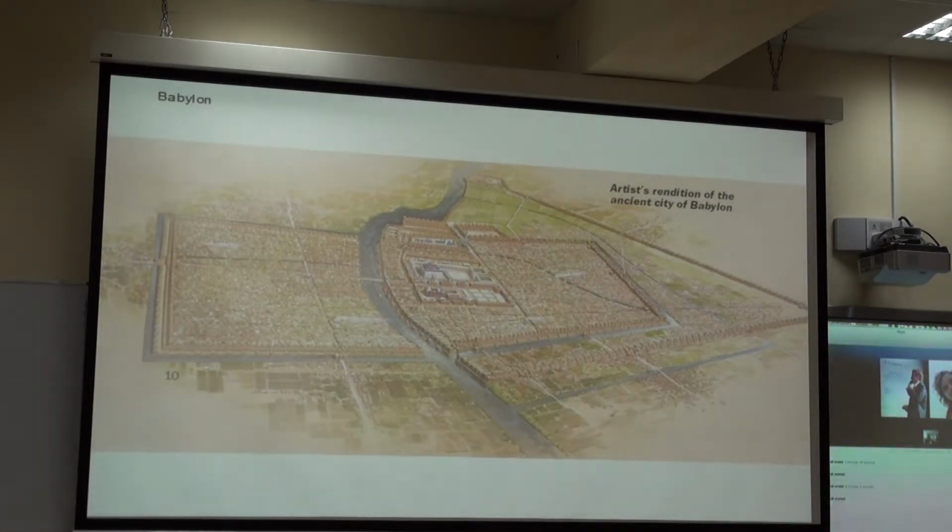Here you can see it in a more 3D version how this was organized. Basically, if we think of the cities at the time, each city represented a state as well. Like if we talk about Mesopotamia, or later on even in medieval times, each city was a city-state. So they had to fight between them. It was not like the whole big nation, but each city had to be protected from whatever forces were coming from the outside.